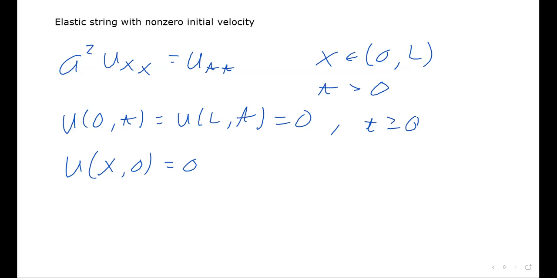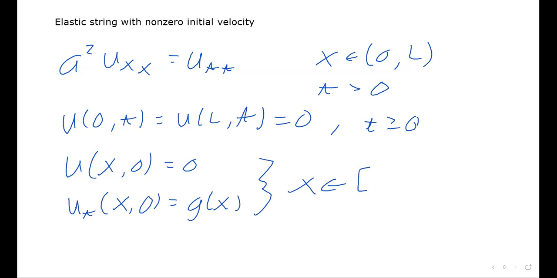So no matter where it's at time 0, we have a straight flat string, but it's moving through that equilibrium spot. And the derivative with respect to t at 0 is a g of x. And for all these, x will be 0 to L inclusive.